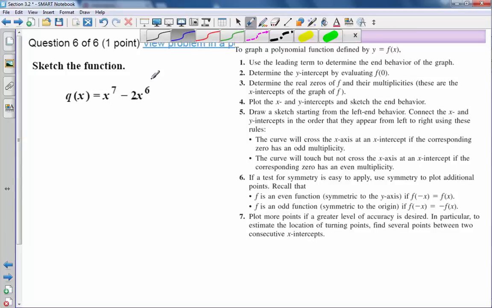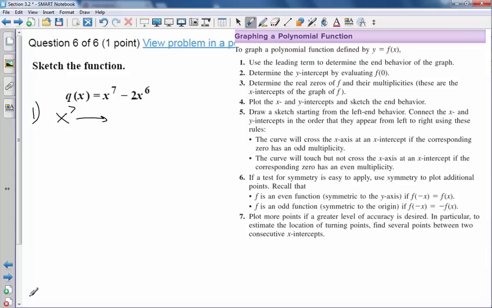It says, number 1, use leading term to determine the end behavior of the graph. Which one? There are only 2 terms here, this and that. One of them is leading, which is the one with the biggest exponent, 7. So the leading term is x to the 7th, and I know that x to the 7th has a graph.